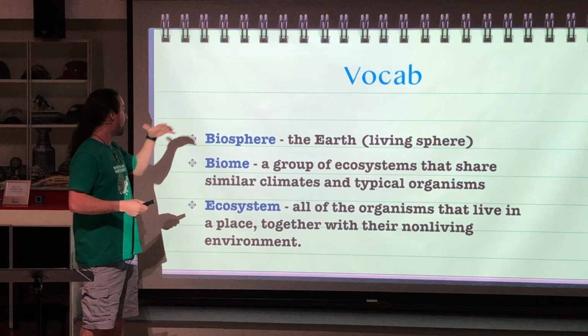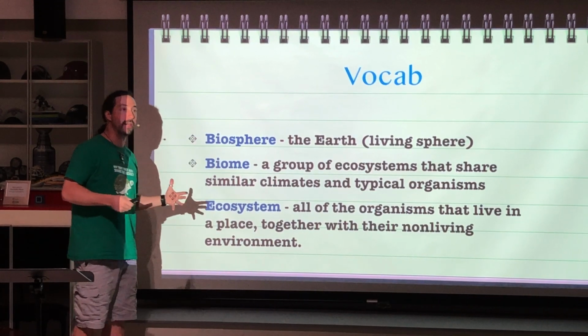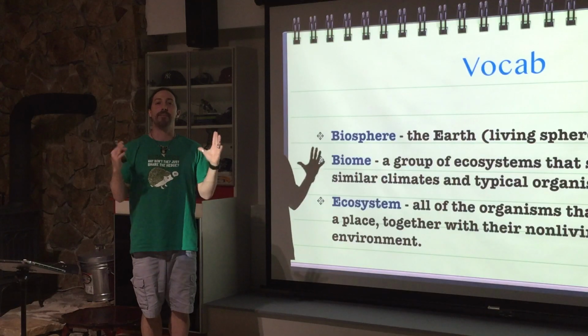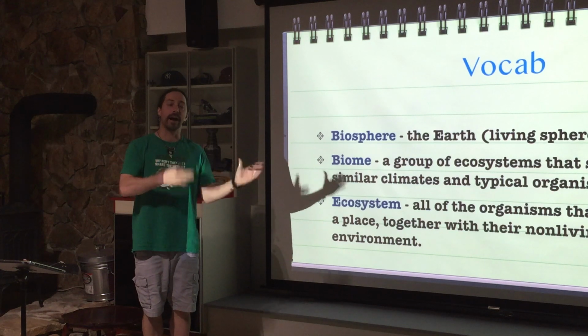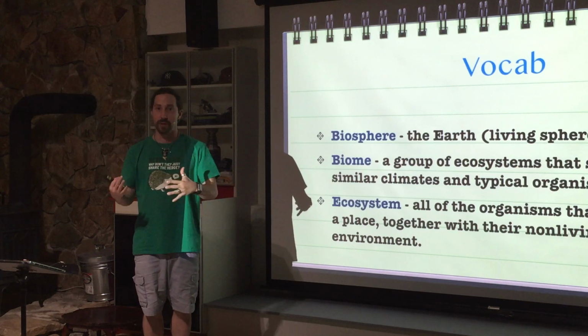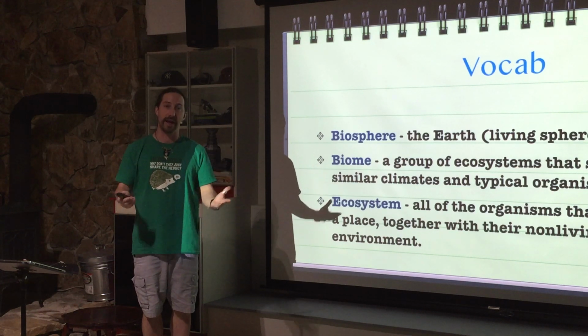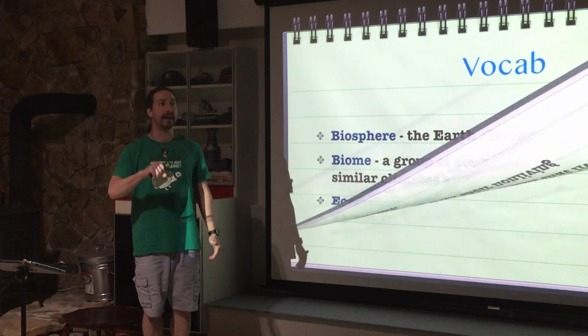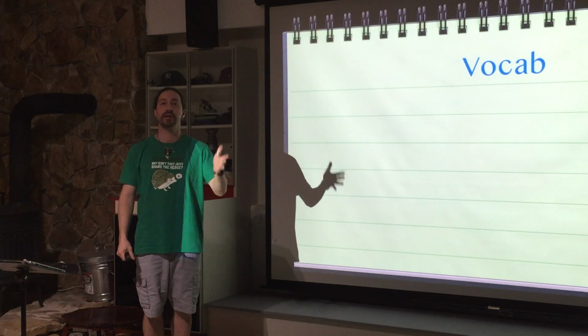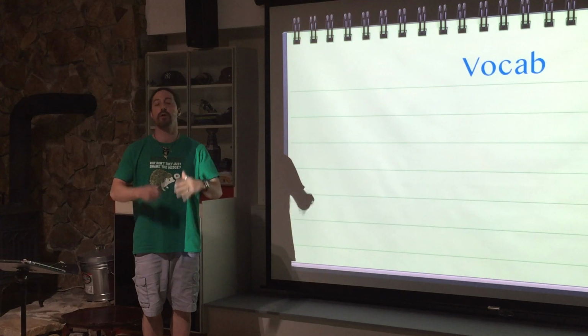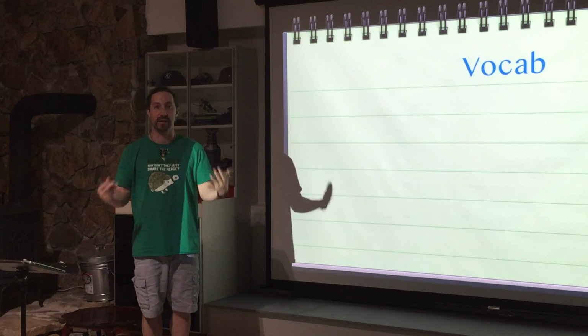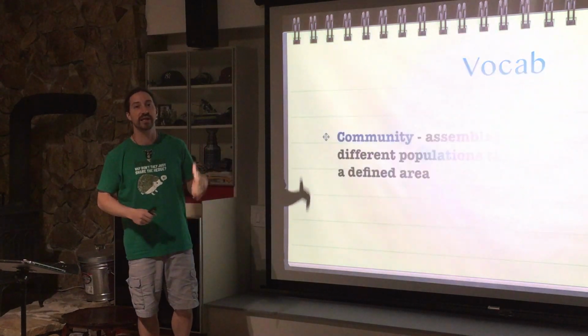So now we have the biosphere, the biome, and the ecosystem. And these all contain abiotic and biotic components. On the other hand, the next set are only going to be composed of biotic components. The first of which is a community.